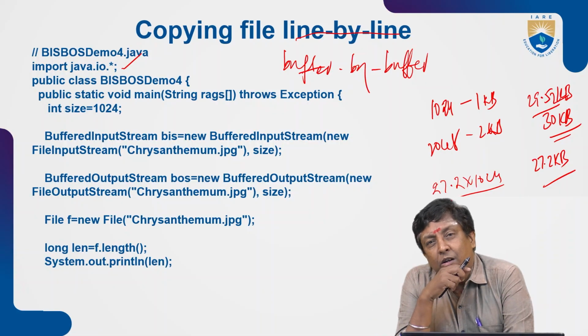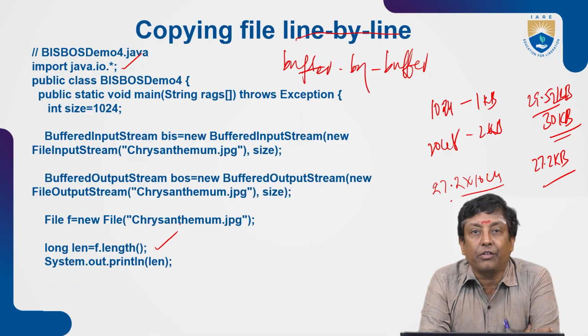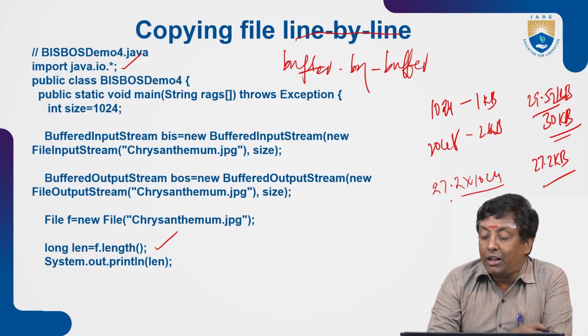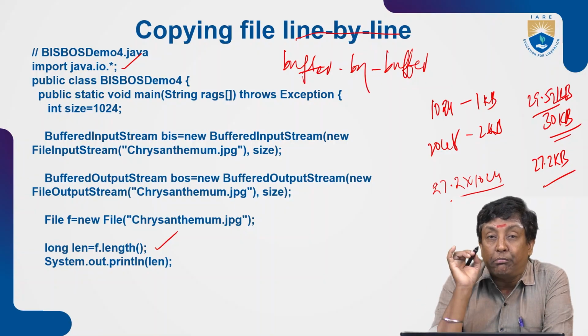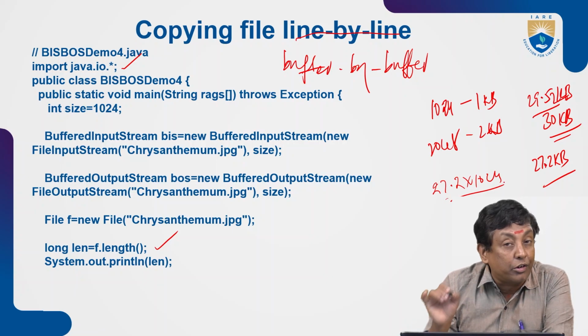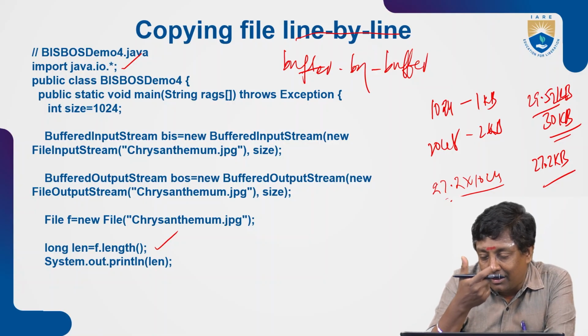Now, the File class has one method called length. The length method gives the length of the file in the form of bytes. Suppose it is 27.2 KB: 27.2 into 1024 bytes, that number of bytes it will give.